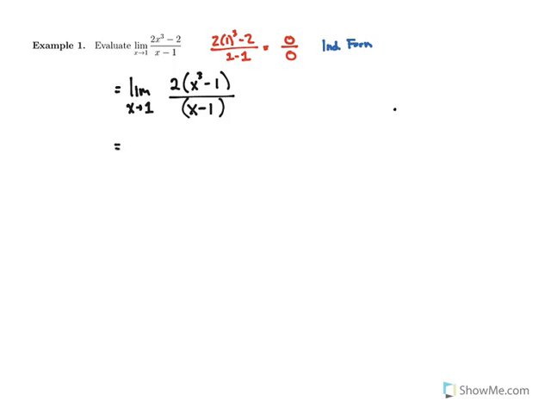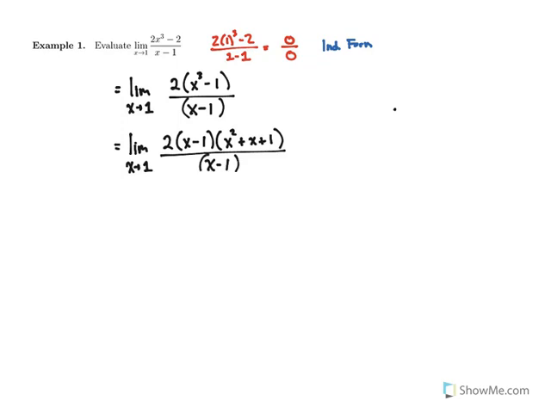And then note that we can factor x cubed minus 1 using the difference of cubes formula. This is going to give us 2 times x minus 1 times x squared plus x plus 1, all over x minus 1.